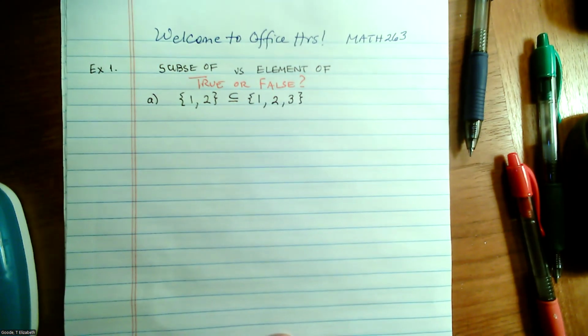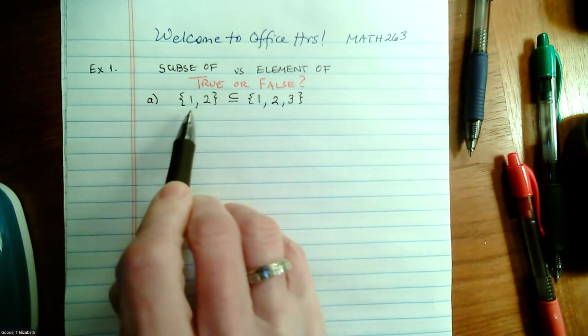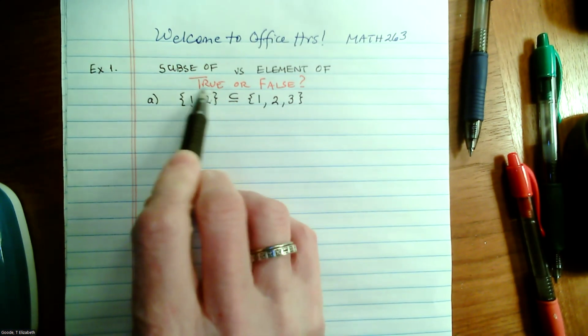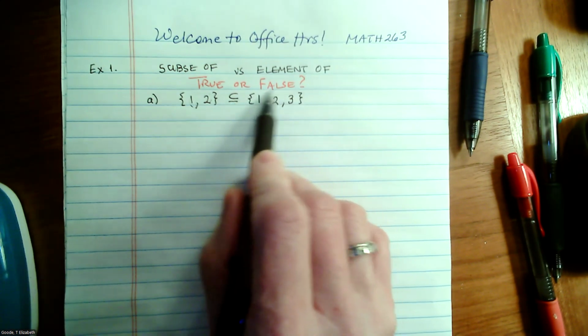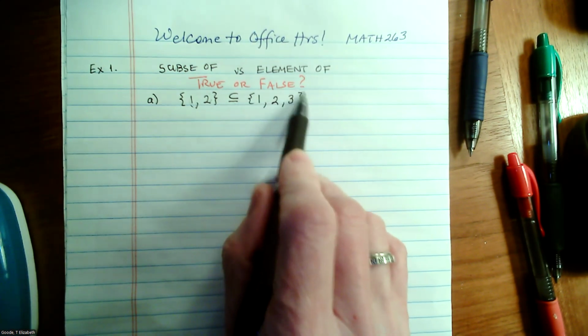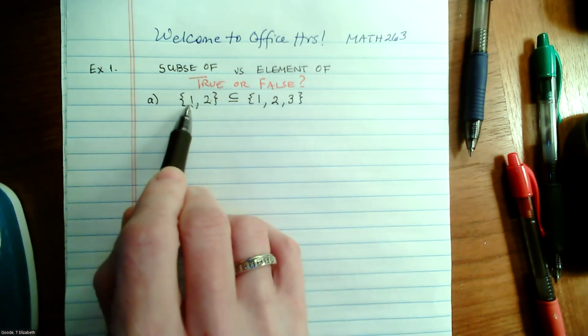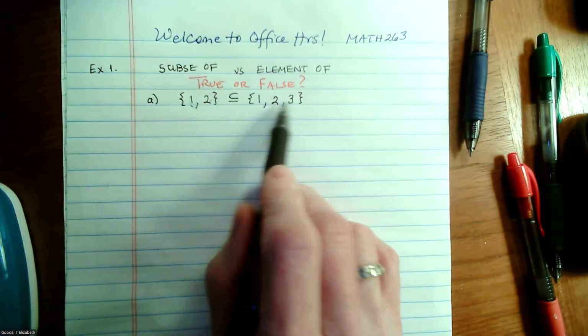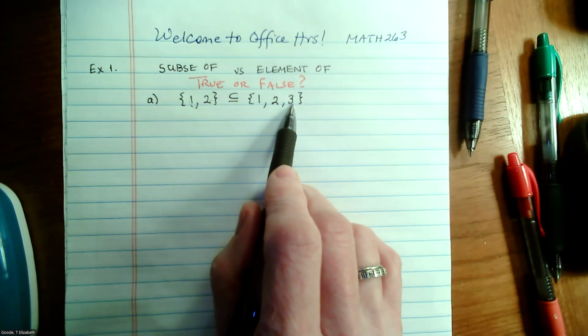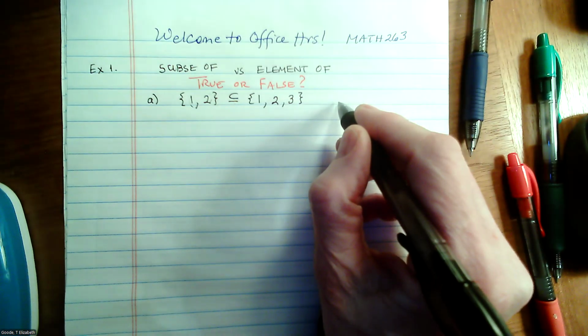So the definition of subset says a set A, we'll call this set on the left A, is a subset of set B, we'll call the set on the right B, if every element that's in A is also an element in set B. But not the other way around.